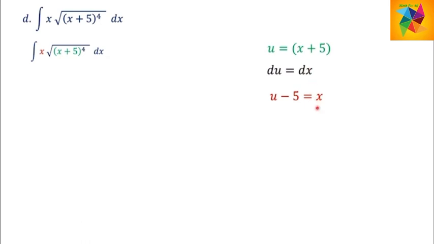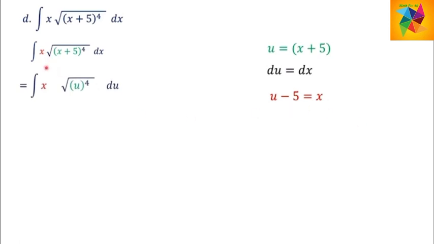To solve for x, we solve this equation in terms of x by subtracting 5 from both sides. So x is equal to u minus 5. So all the time when you have an expression like this, you want to solve for x in terms of u.